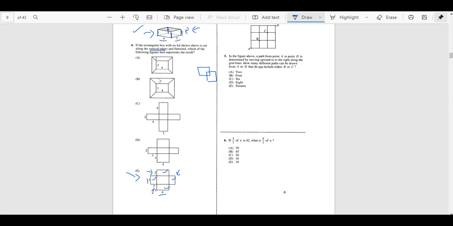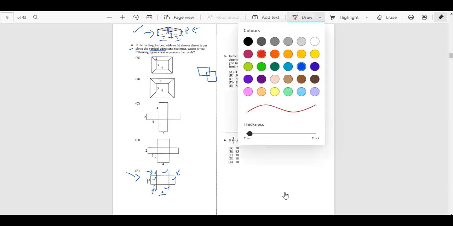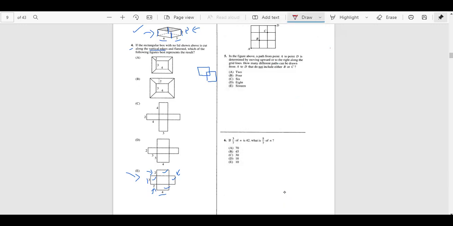Okay, so after the third question, we are on the fourth question now, okay? All right, so the question is, if the rectangular box with no lid shown above is cut along the vertical edges, I'll now write it with red color just so you understand. Now this is the rectangular box, and you need to cut it along the vertical edges.